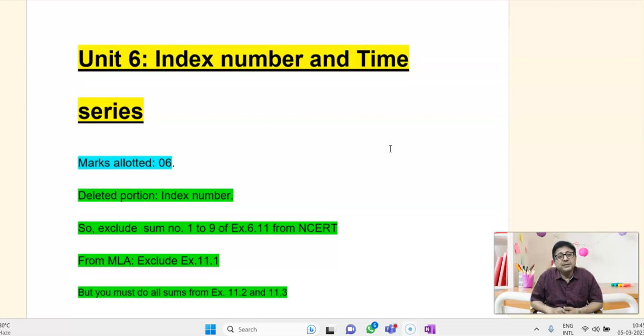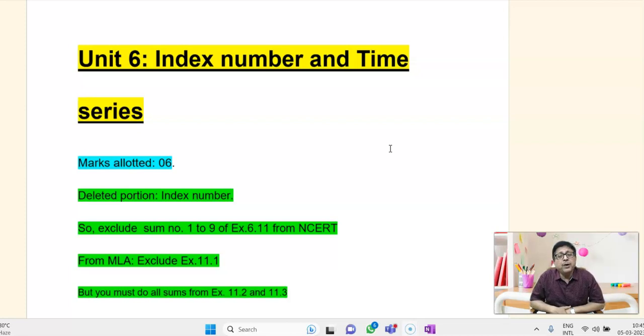Moving average may be 3 years, 4 years, 5 years, 6 years. For moving average, there is a least chance of 6 years. Maximum up to 5 years they can ask you. It may be 4 years or 3 years also. You all know how to do it.